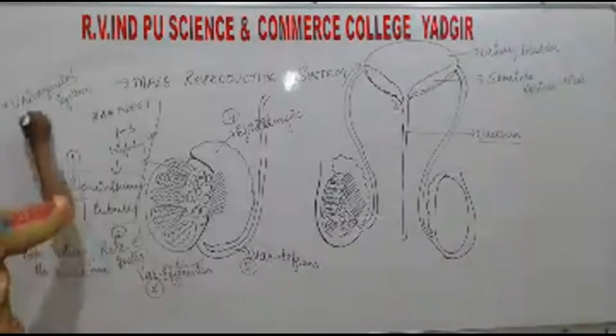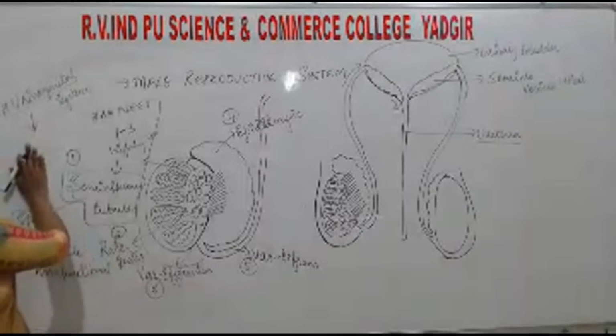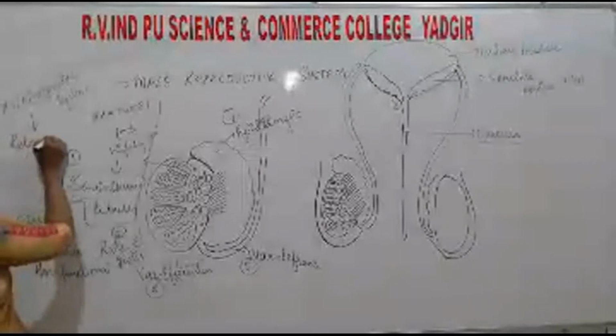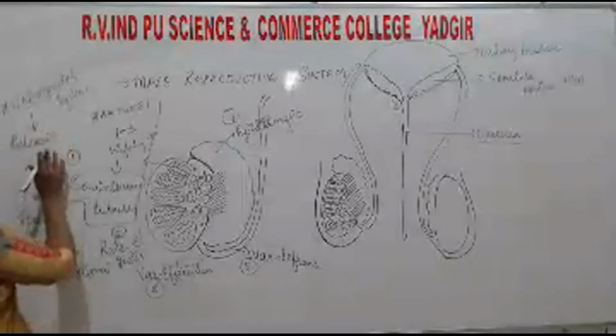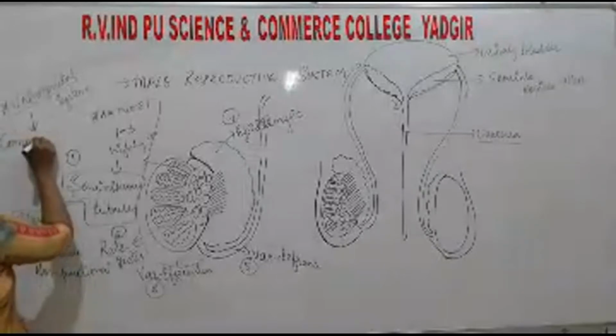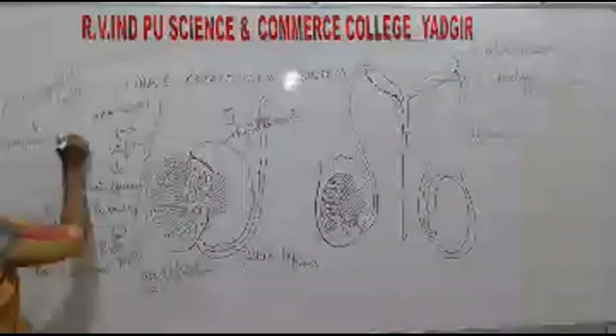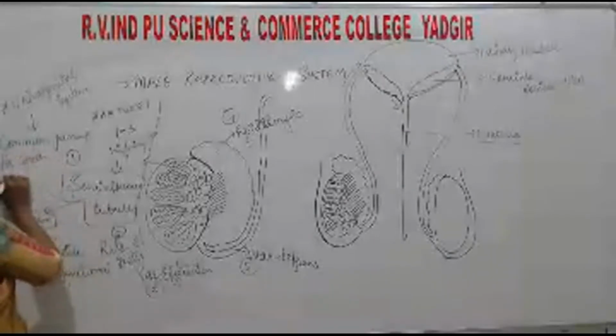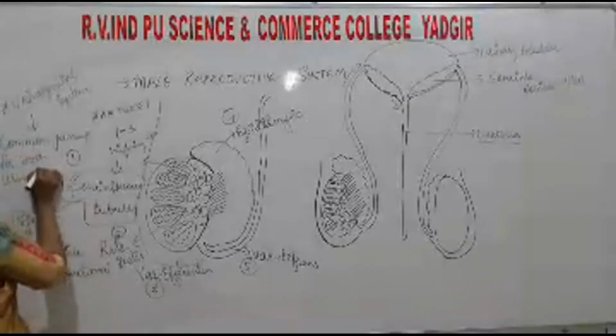Okay. So urinogenital system means a common passage for both urine and sperms.